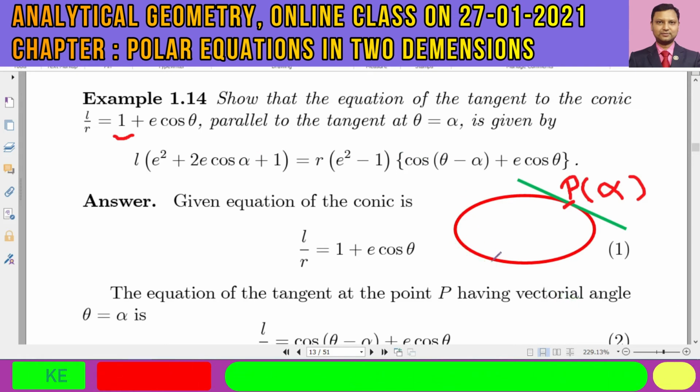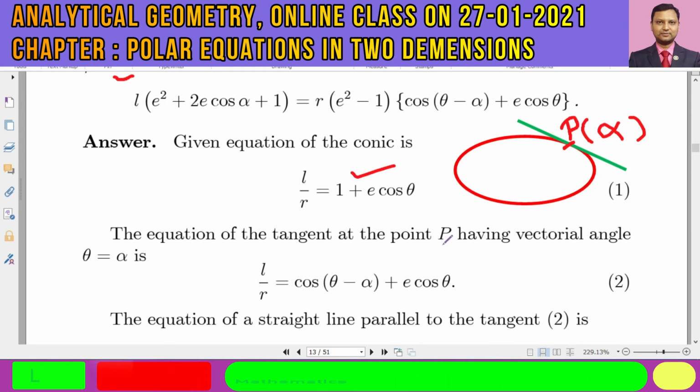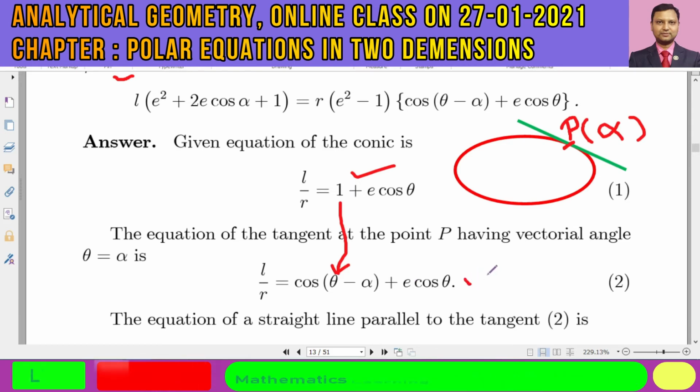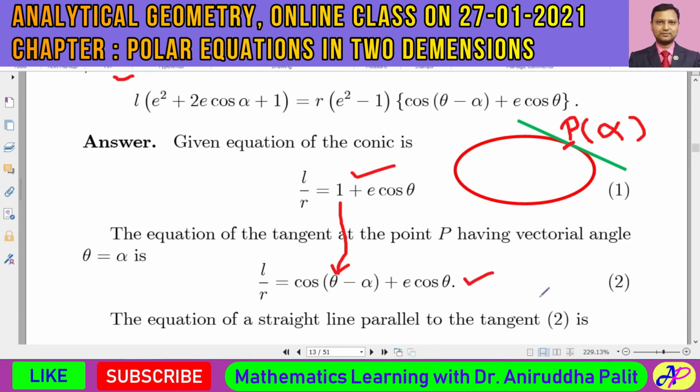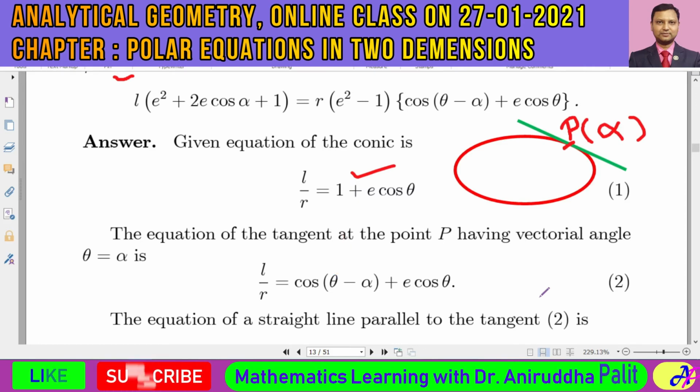We suppose the vectorial angle of this point is P, and this is the equation of the conic, then we know that the equation of the tangent at the point alpha can be written by replacing this 1 by cos of theta minus alpha. In that case, we will be able to draw the equation of the tangent at the point P.